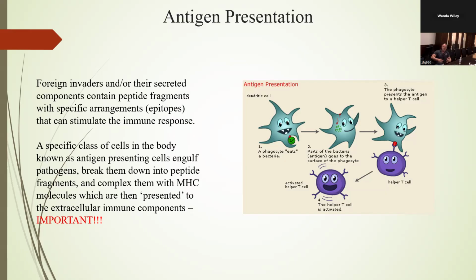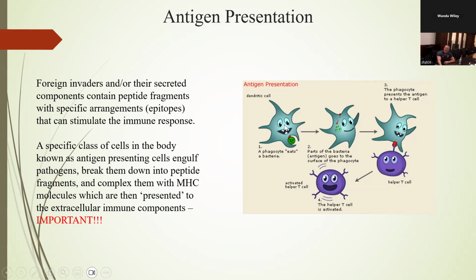The cell can wrap projections of itself. It rearranges its cytoskeleton inside, and it can form these little arms, we call them pseudopods, that will engulf a foreign substance. It could be a substance from you. It could be a piece of protein from you.